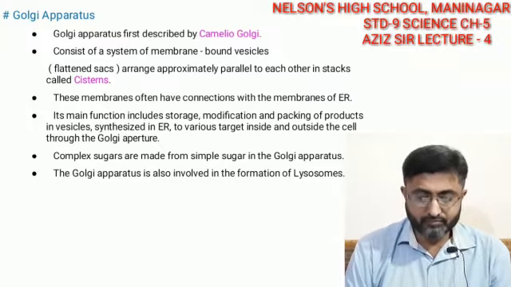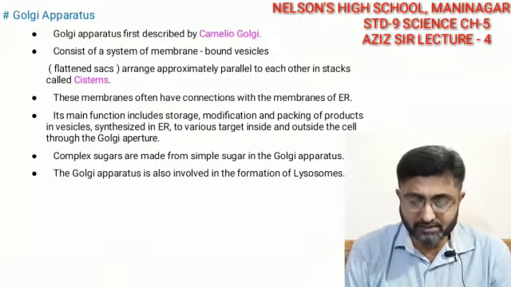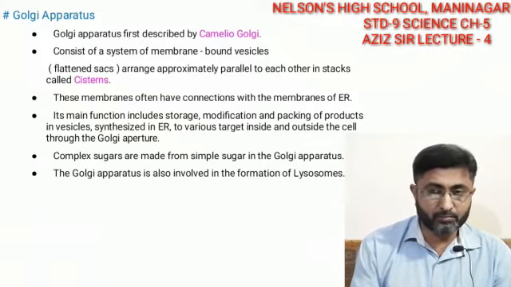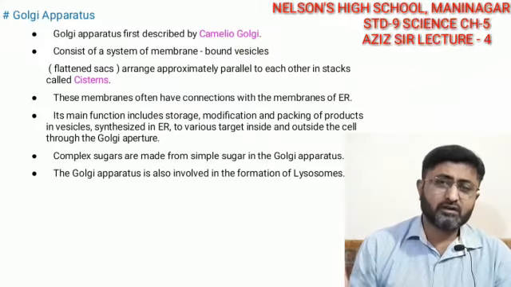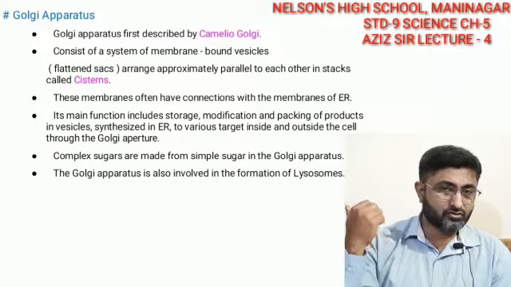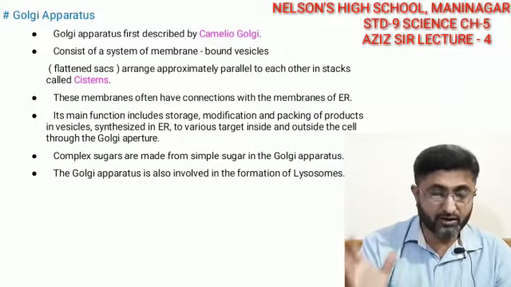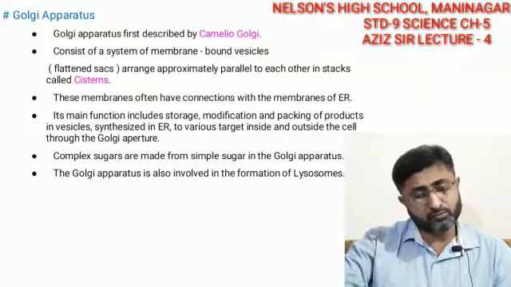The functions of the Golgi apparatus include basically three or four things. One is storage, modification and packing of products in vesicles, synthesized in the ER. So what is supplied from the endoplasmic reticulum, the manufacturing of fats, proteins, lipids, everything is stored in the Golgi apparatus. Then it is processed, that is modified into enzymes and hormones, and sent where it is supposed to be targeted.